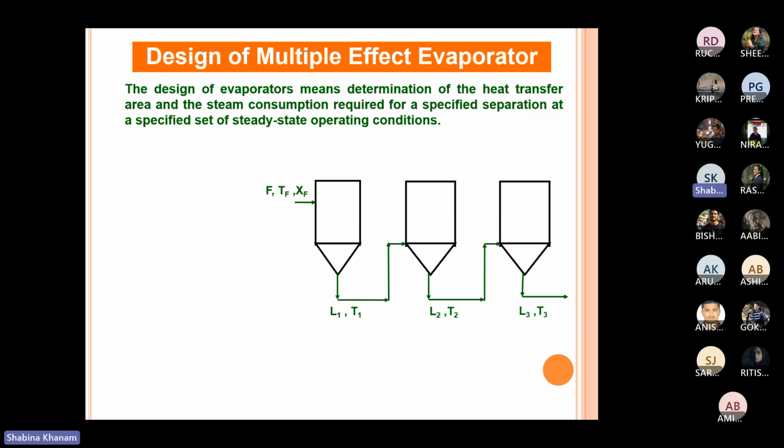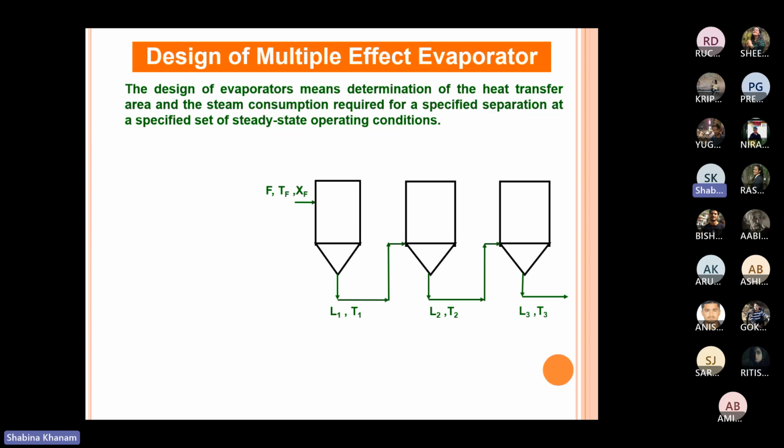What is parallel flow? Parallel flow is that this feed is divided into number of effects, and each part of the feed enters a single effect and exits from a single effect, and then the product will be combined. So parallel feed is feed divided into number of effects.